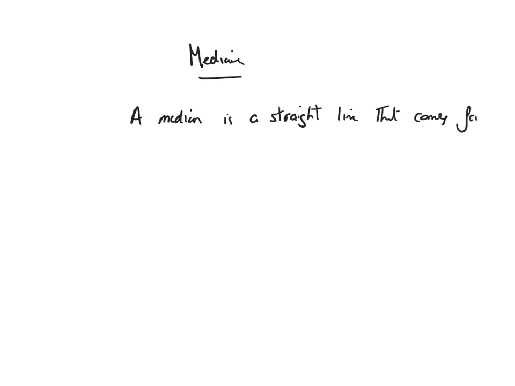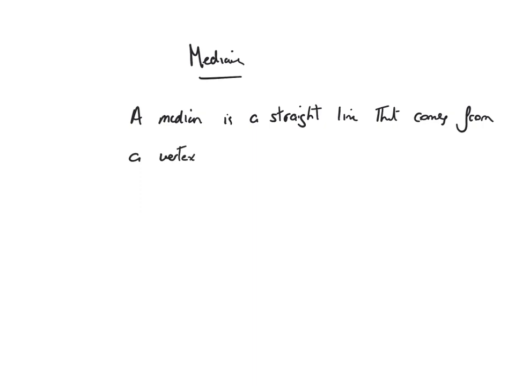Okay, we're now going to look at a straight line called a median, M-E-D-I-A-N. So a median is a straight line that comes from a vertex.